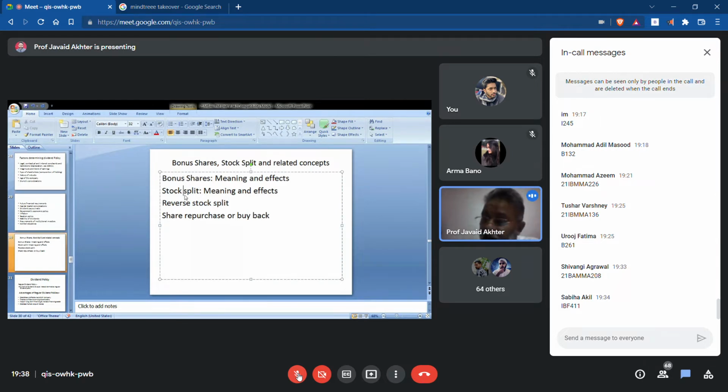Stock split. A share of rupees 10 can be split into 2 shares of rupees 5 each. If it is done so, you call this a stock split. The meaning is that the value of a share is halved, or maybe any denomination: a share of rupees 10 can be split into 2 shares of rupees 5 each, or 5 shares of rupees 2 each.